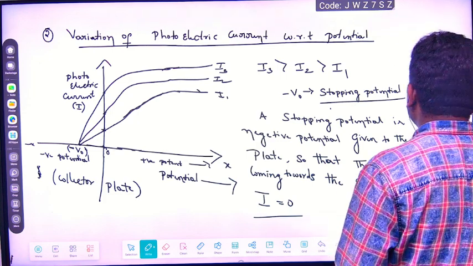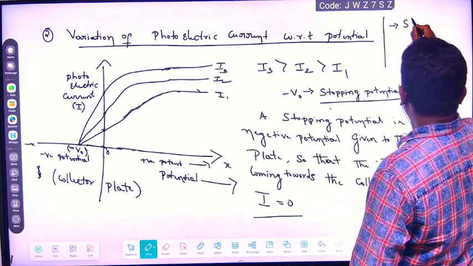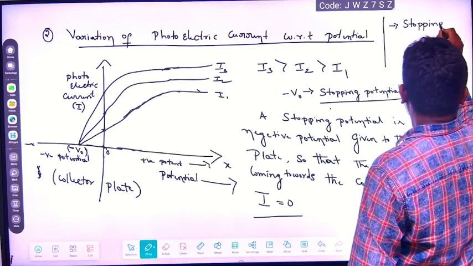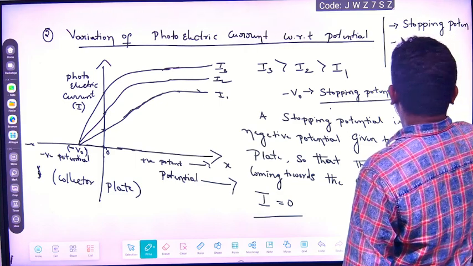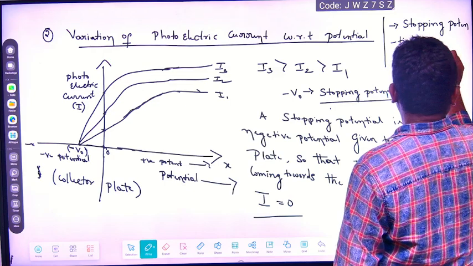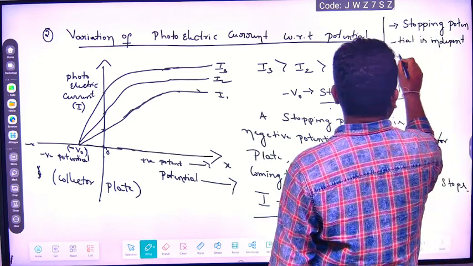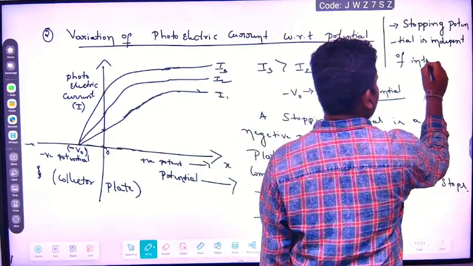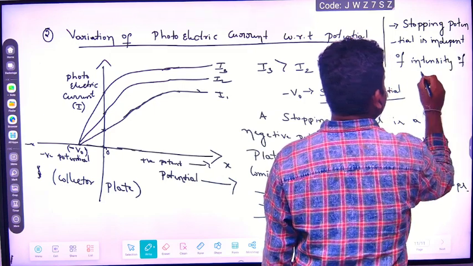So stopping potential is independent of, write this point, stopping potential is independent of what? Tell. Stopping potential is independent of the intensity of incident light.